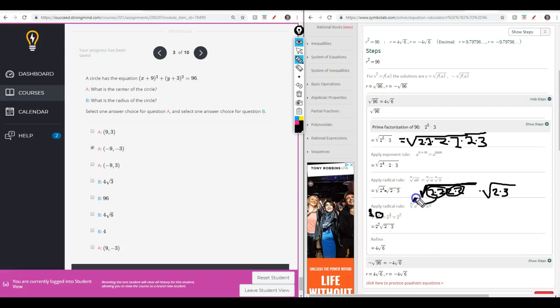So to break out of jail, it is groups of 2, so that would end up with that being a 2, and this group of 2 would be represented by this 2. So then they would end up with 2 times 2, and this ends up being 2 times 3. So then 2 times 2 is 4, times the square root of 2 times 3, which is 6. So that's how they ended up with 4 square roots of 6.